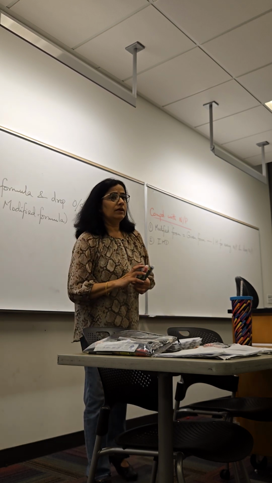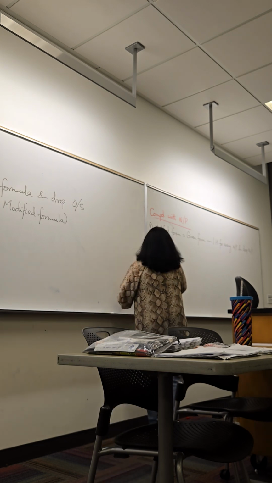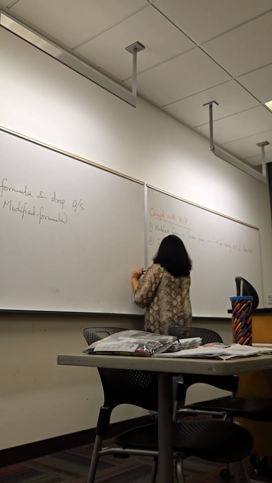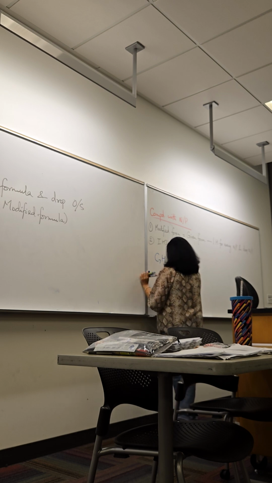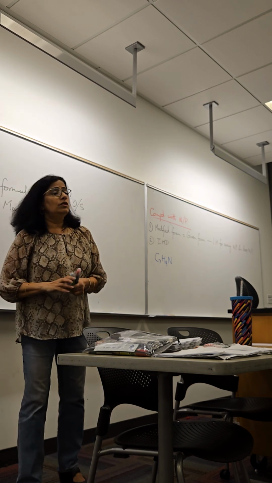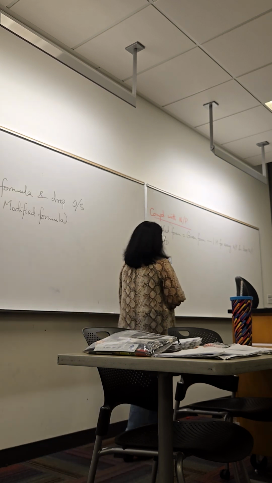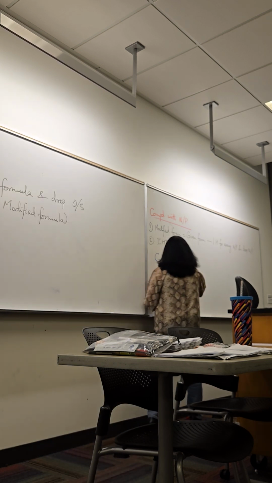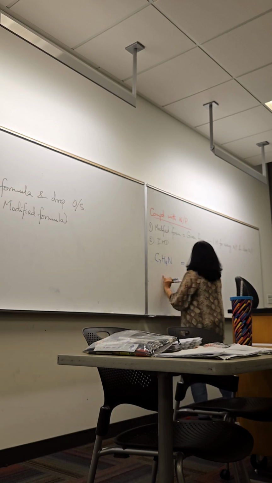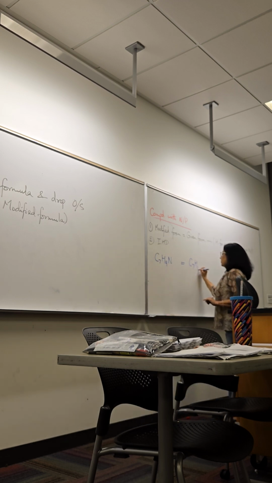Okay, so for example, calculate the IHD for C7H9N. First, the modified formula. What would be the modified formula from this? C7H8. Do you all agree?